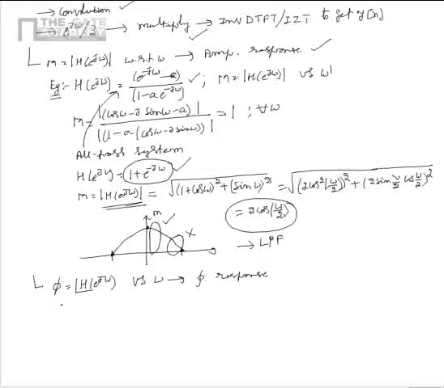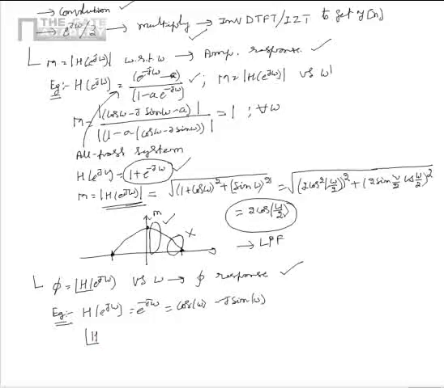Similar to the magnitude response or amplitude response, phase response is also helpful to characterize the system. Now, let us consider an example in which the system H of e power j omega is given as e power minus j omega. This can be written as cos omega minus j sin omega.